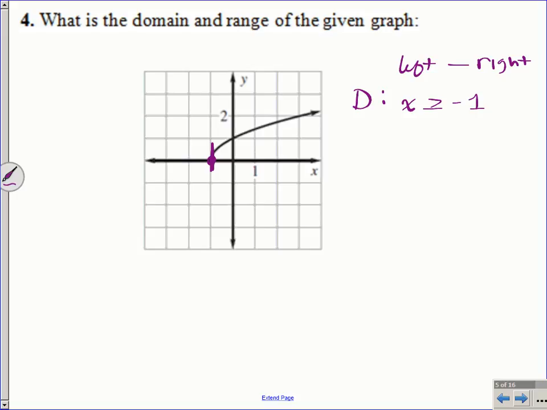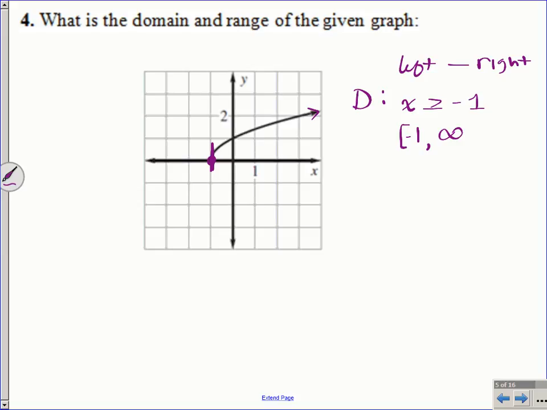To write that in interval notation, start with your farthest left bound. My farthest left x value is -1, and since we can include it, we use brackets. My farthest right bound, since my graph has this arrow on the end, that means it's going to go to infinity all the way to the right. So I don't have a bound.